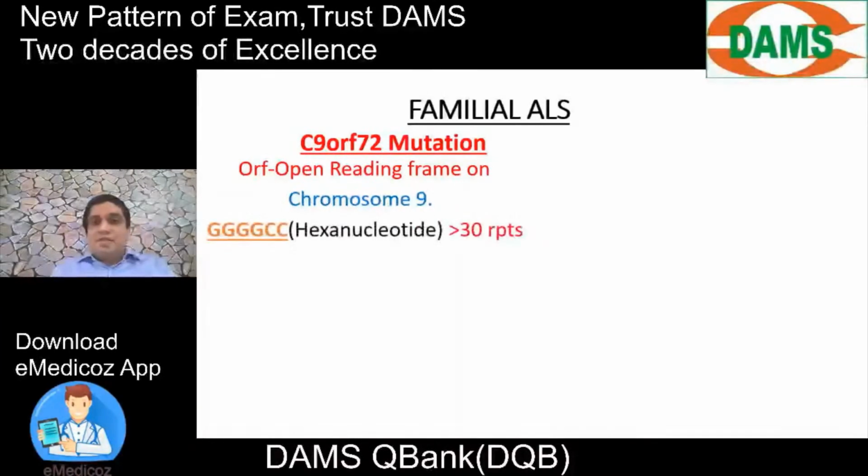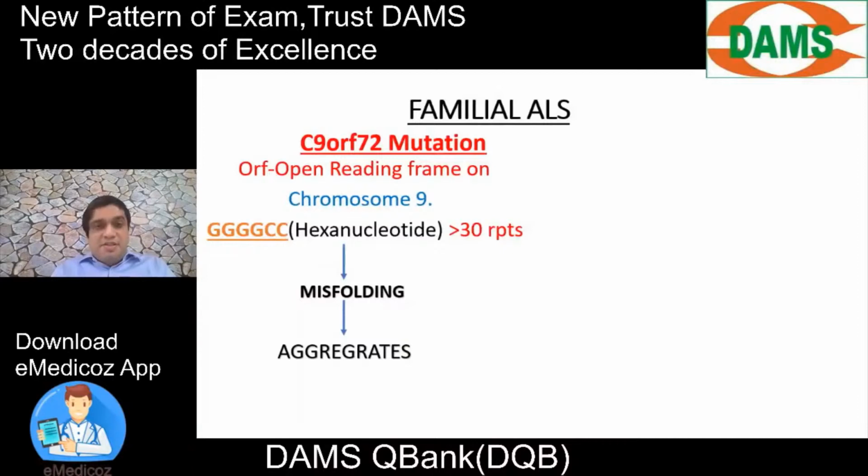Here what happens is that there is a hexanucleotide comprising of 6 nucleotides together and more than 30 repeats happen. This results in the misfolding of the protein, of course, and finally aggregation of the protein in the brain cells, causing a neurodegenerative disorder affecting the corticospinal, corticobulbar, or maybe the cranial nuclei, or maybe the anterior horn cell in the spinal cord.